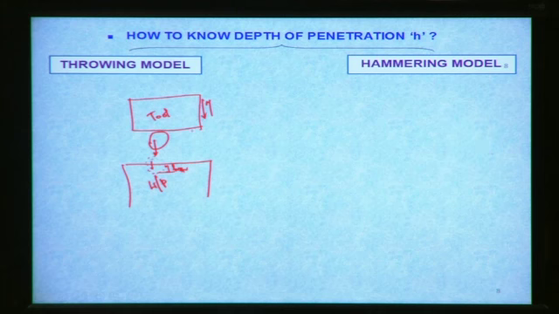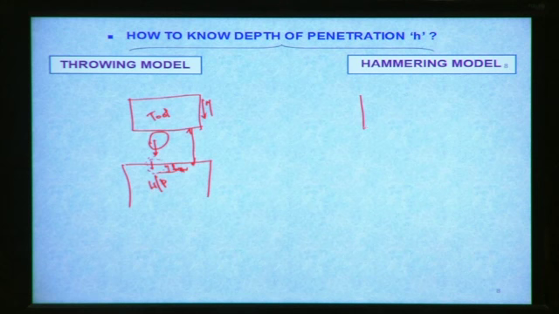Here the distance between the tool and workpiece is higher than the diameter of the abrasive particles. The abrasive particle is hit by the tool, moves through the slurry, and penetrates into the workpiece surface. So this is called the throwing model.